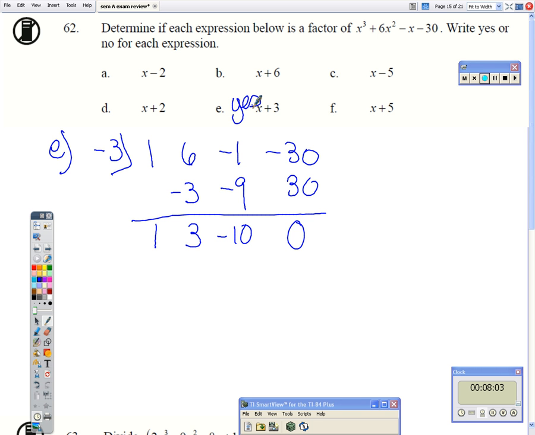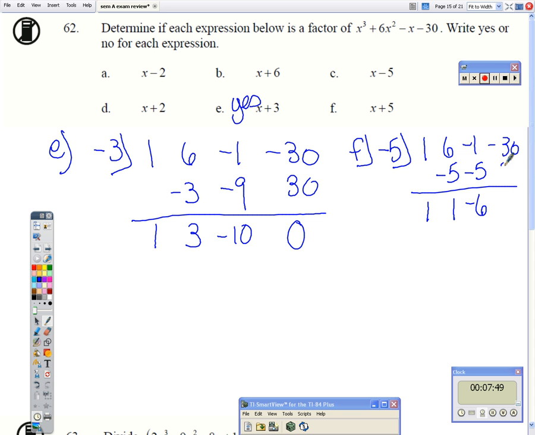And then for F, try negative 5. And that's a remainder of 0 again, so F is a factor. My other answers got erased, so I'll put those back up. No, no, and yes.